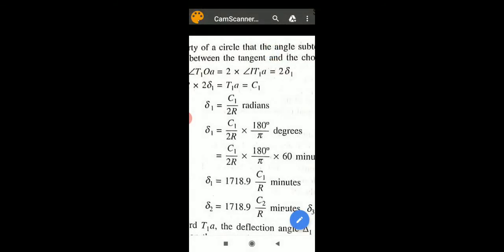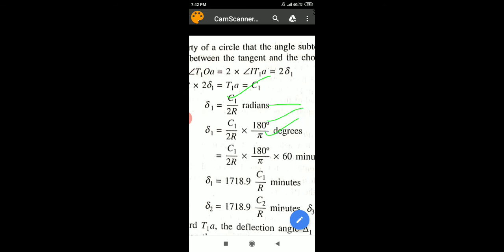So after simplification, delta 1 equals C1 by 2R. This is in radians. I want it in degrees, so I convert it by multiplying by 180 divided by pi.